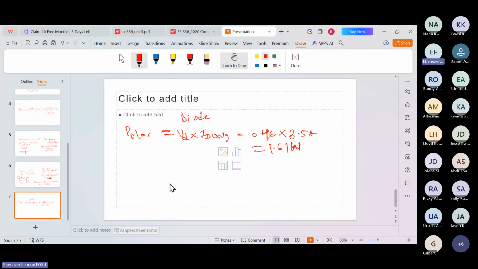Determine the minimum case to heatsink thermal resistance that must be accepted to ensure that the junction temperature of neither device exceeds 90 degrees Celsius for a switching frequency of 25 kilohertz. All right, so the question is quite lengthy. So let's just summarize the information.